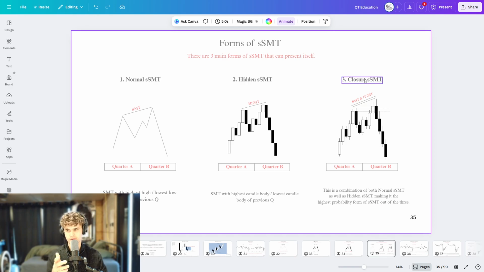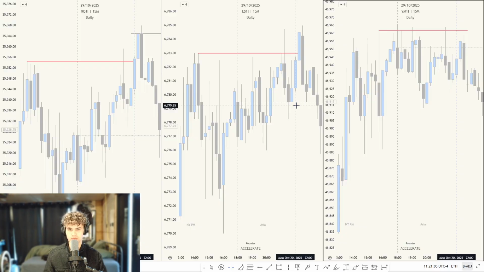Okay. This is, yes, it's true, because not only in this example are you actually getting normal SMT and hidden sequential SMT, right? Unless it's this here, right?